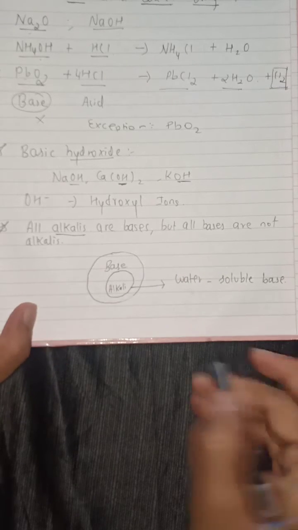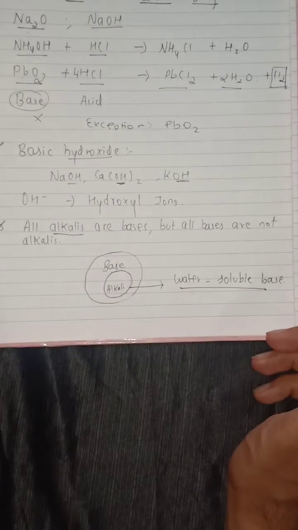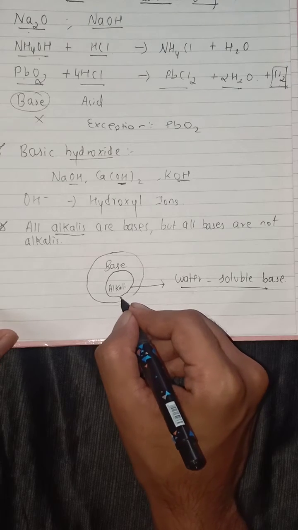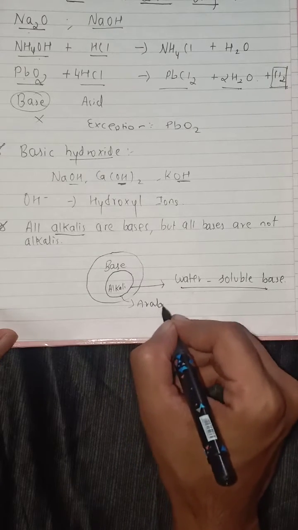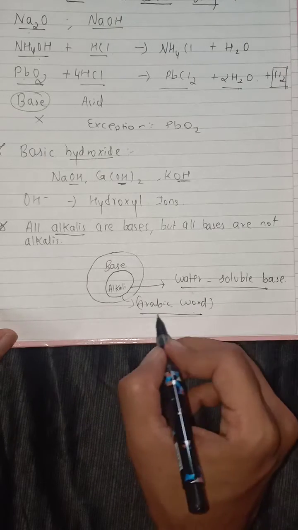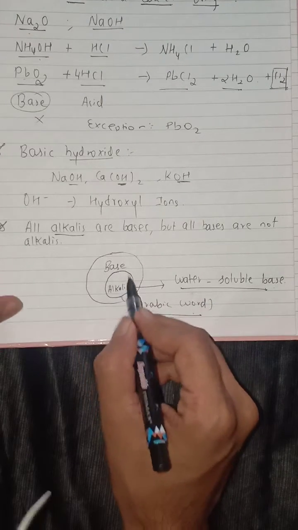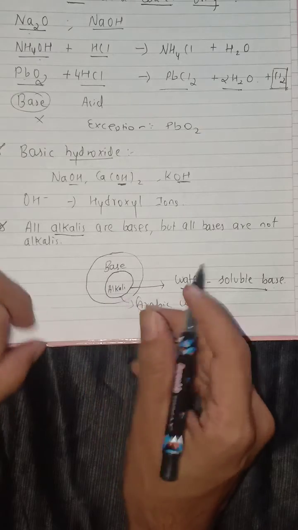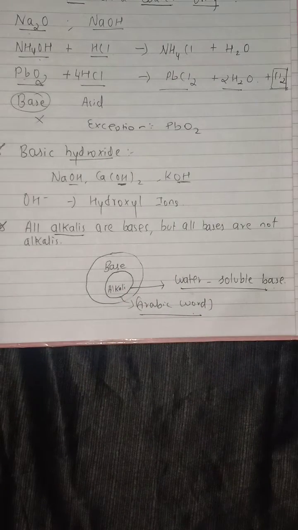Okay, alkali will be called only for those that are water soluble. Why water soluble? Because this word alkali is an Arabic word, and it came from the Arabic word which means water soluble bases. So alkalis are considered under the bases, but bases are not included under the alkalis.